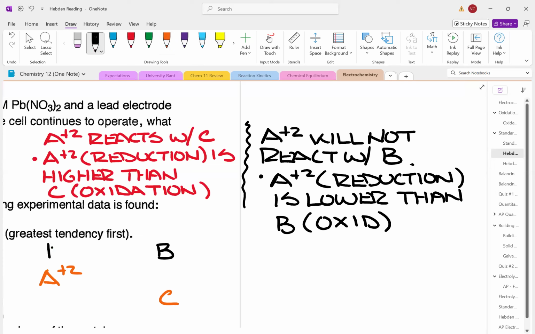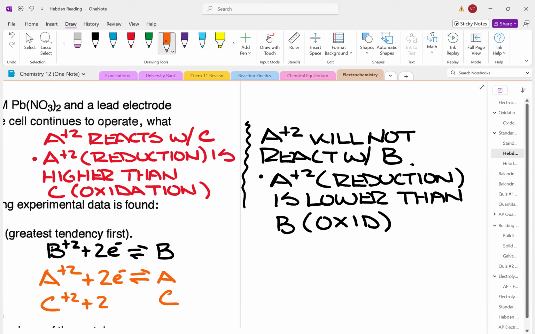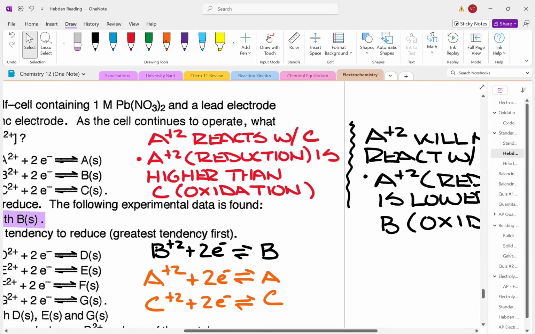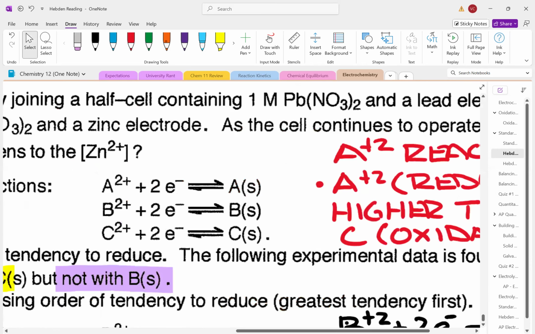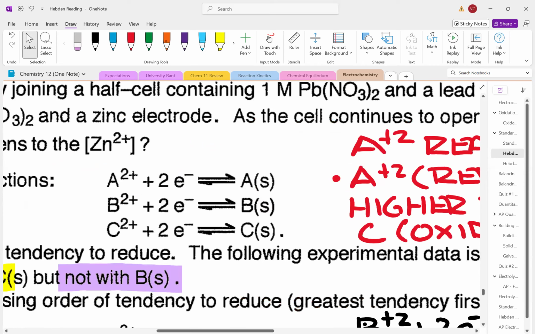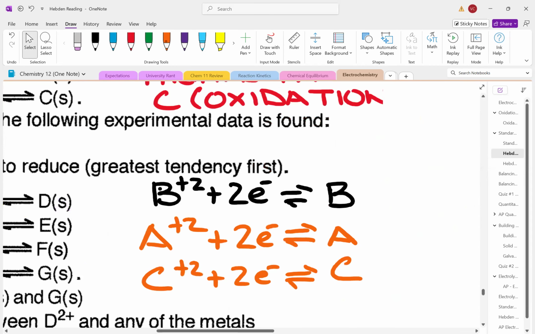B2+ plus 2 electrons gives you B. A2+ plus 2 electrons gives you A. And then C2+ plus 2 electrons gives you C. Based upon this information that I wrote in red and black, I basically rearranged the order A, B, C and changed it to B, A, C.